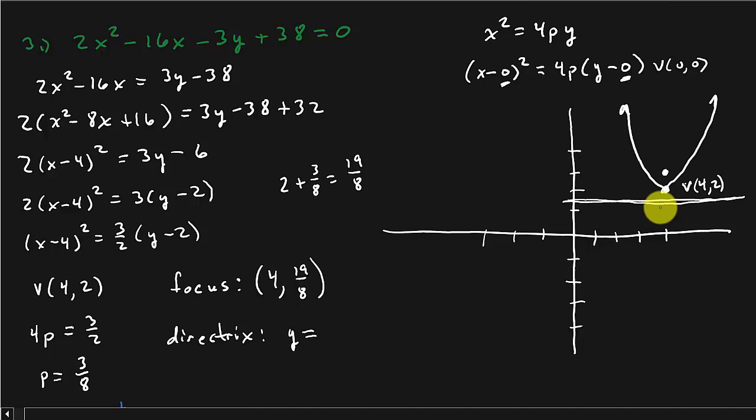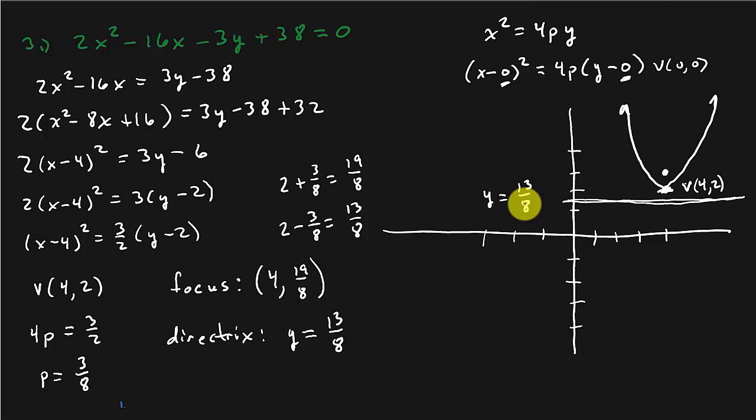So it's going to be y equals, and I'm going from 2 down 3/8. So I've got to do 2 minus 3/8, which is 13 over 8. So this would be the line y equals 13 over 8. And that's what I'm talking about.